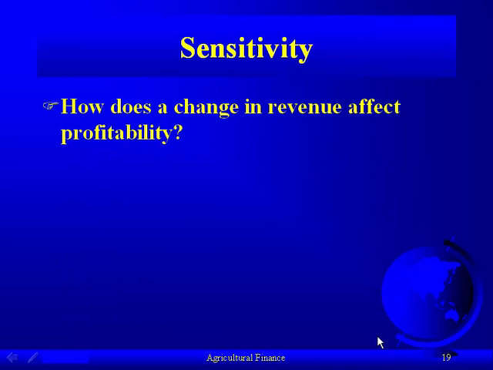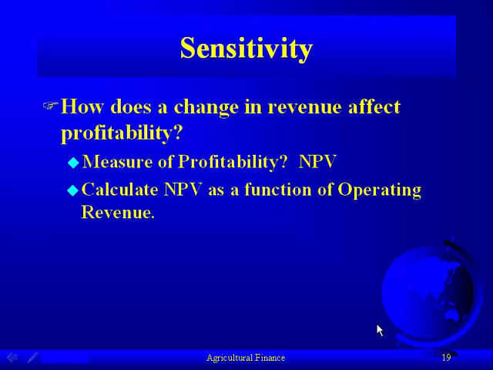Okay, first of all, let's look at how does a change in revenue affect profitability. The measure of profitability that we're going to use is the net present value. We've already determined that net present value is the profit over our cost of capital, or our cost of required return. We're going to calculate the net present value then as a function of operating revenue.